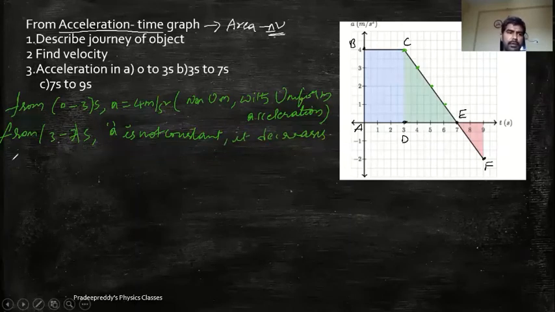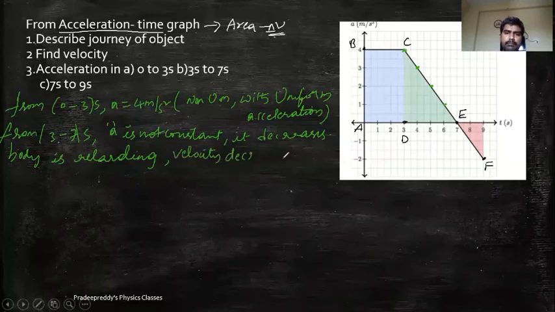So therefore, the body is retarding. Velocity decreases with time. That is from D to E in 3 seconds to 7 seconds.